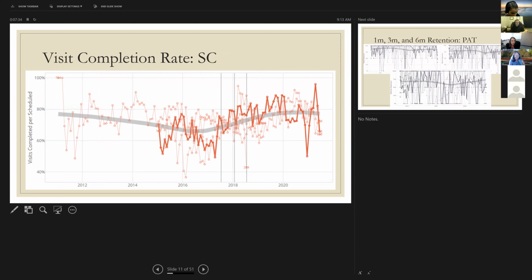And for Safe Care, we see that there was a dip around 2017, but it's been going up steadily and right now is hovering just under 80%. So again, out of all the visits that are scheduled, about 80% of them do turn into completed visits. So across both programs, that's fantastic.